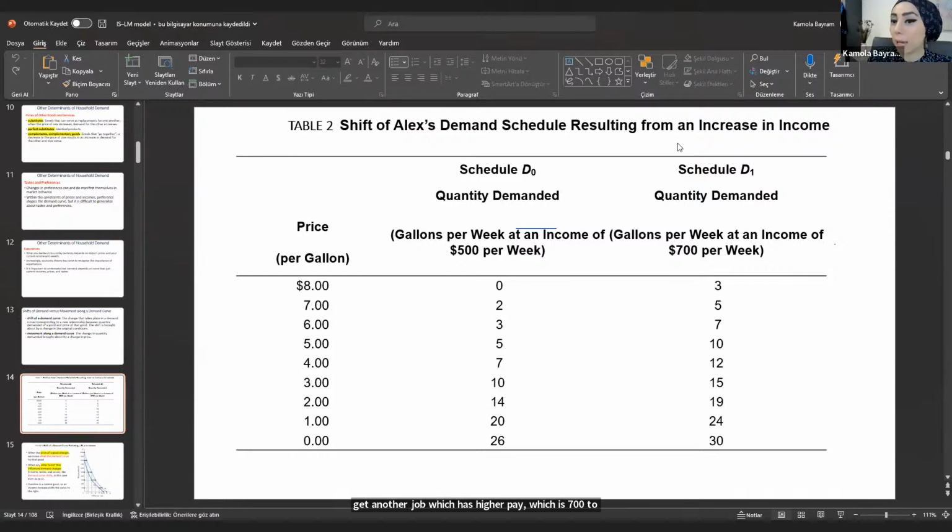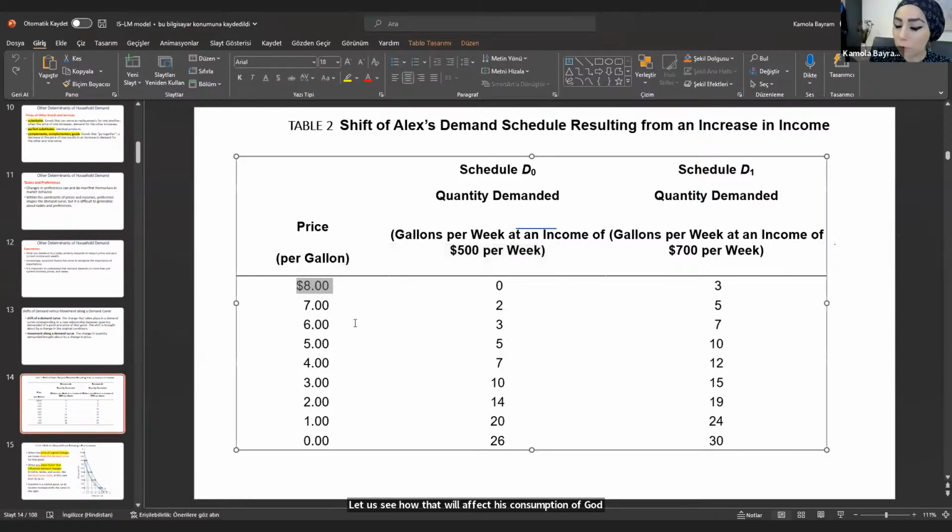Okay, so he has a change, a positive change, by the way, in his income. Let us see how that will affect his consumption of gasoline. If you remember, when the price of gasoline was 8 USD, he consumed nothing because it was not affordable for him. But now, with the same price, yes.